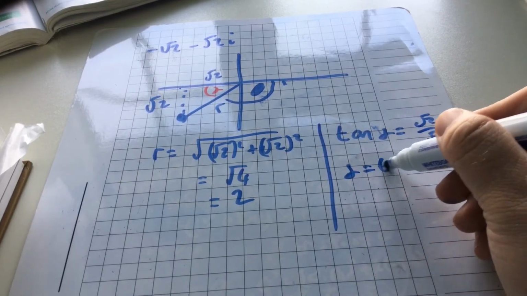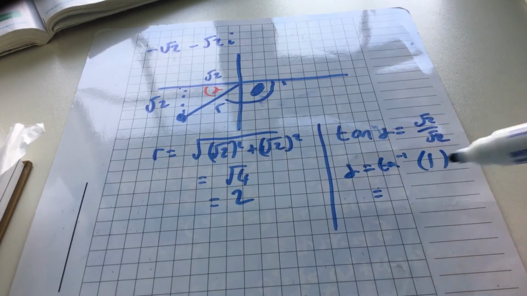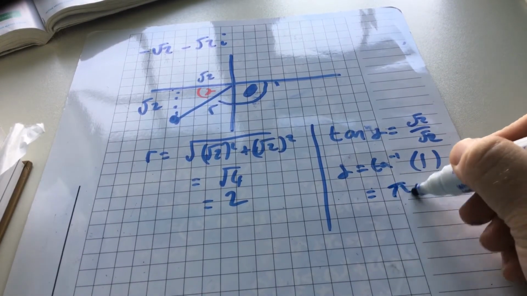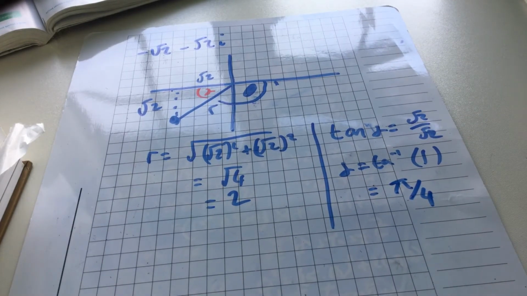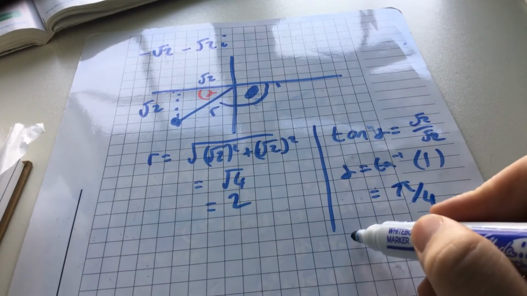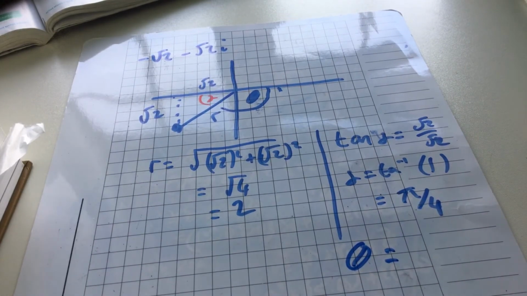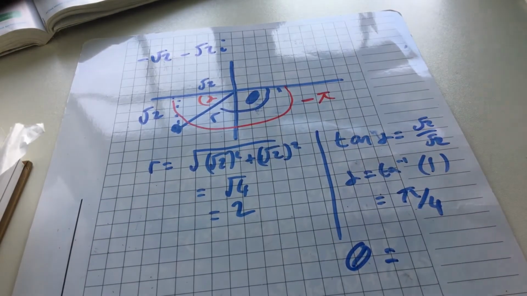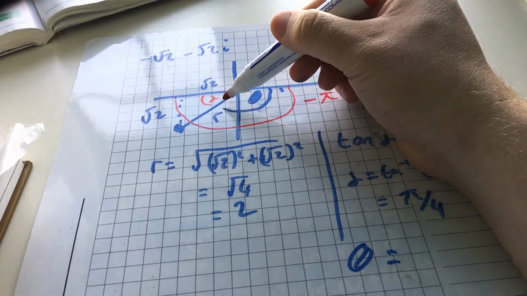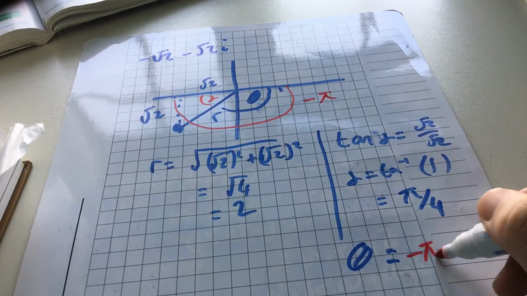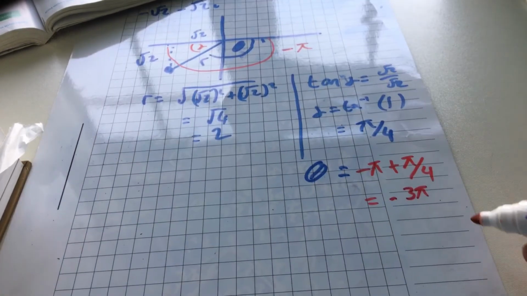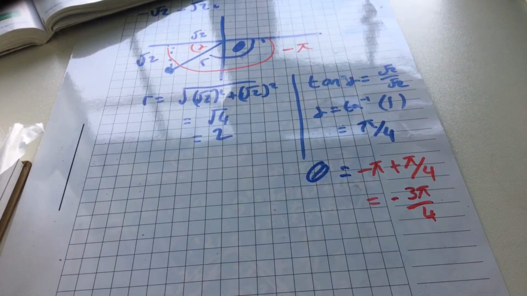So alpha is tan inverse of 1, which is pi over 4. Now, to get the argument, if I imagine going this way the whole way, that is minus pi. Now if I go back a bit, I'll get minus pi plus pi over 4. So it's minus 3 pi over 4, my argument.